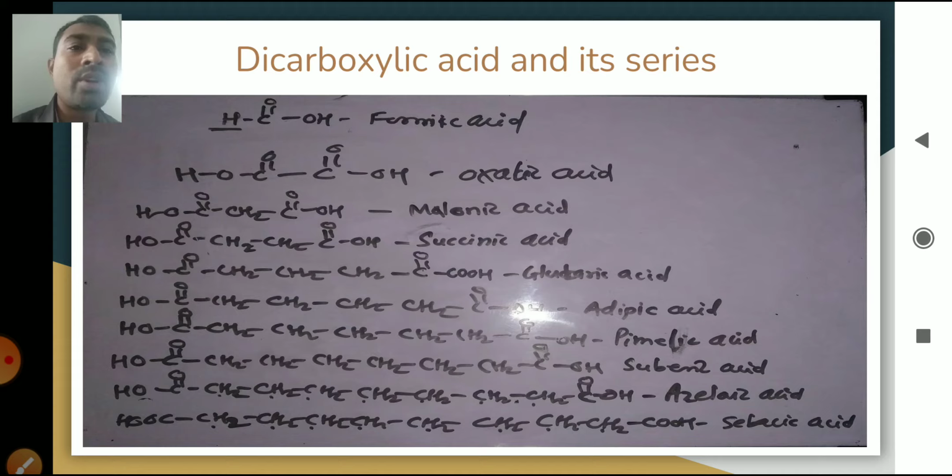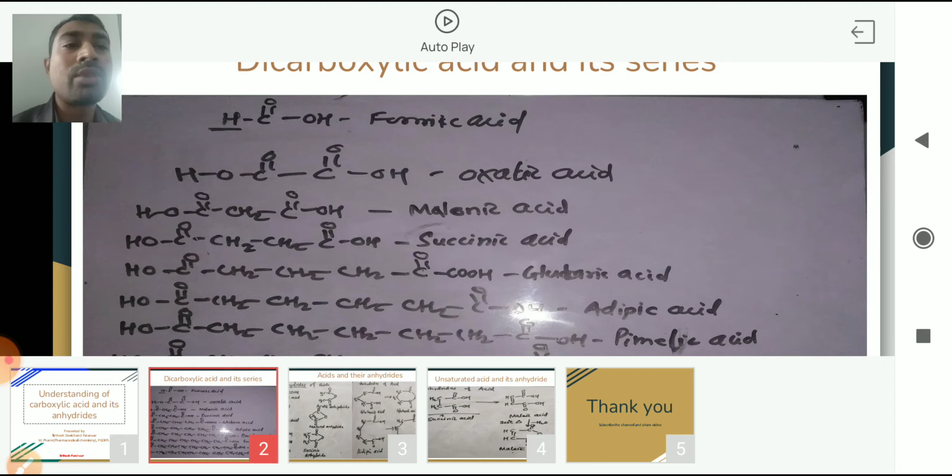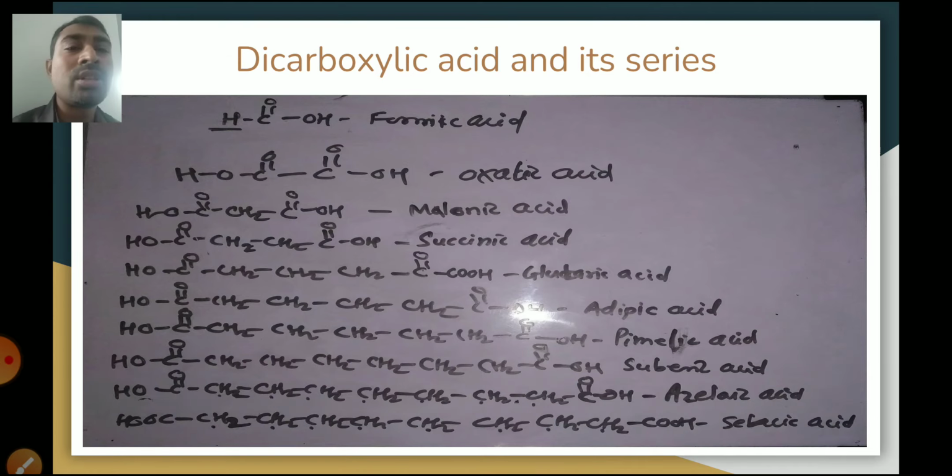Next, if you introduce one more methylene group, it is converted into pimelic acid. So CH2 five times, this five-member pentylene chain in between the two COOH groups, gives that acid.